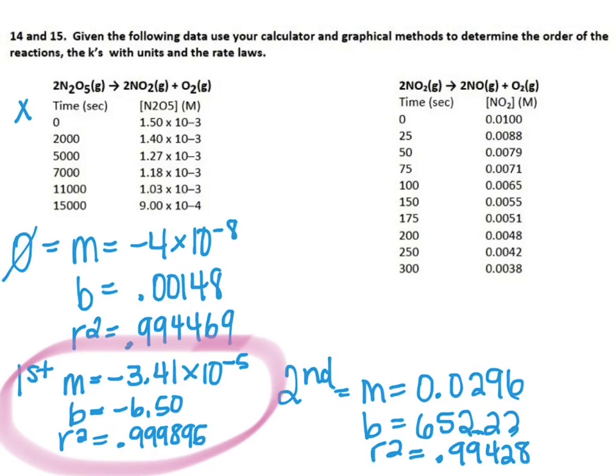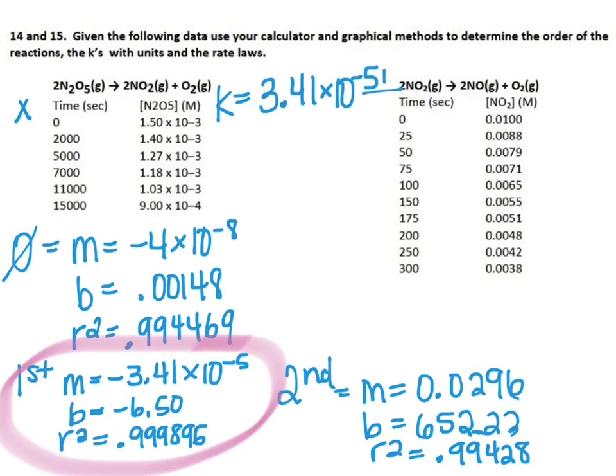Now it wants to know what the K is. So K is equal to 3.41 times 10 to the negative 5th. What's the unit for first order? One over time.